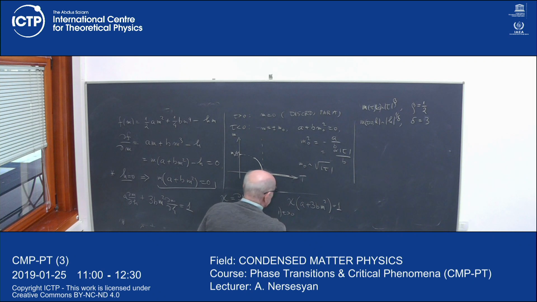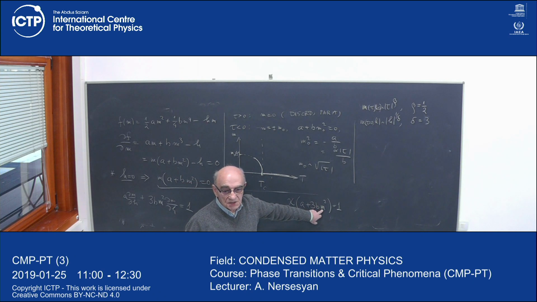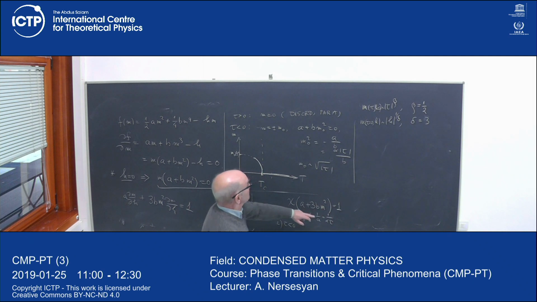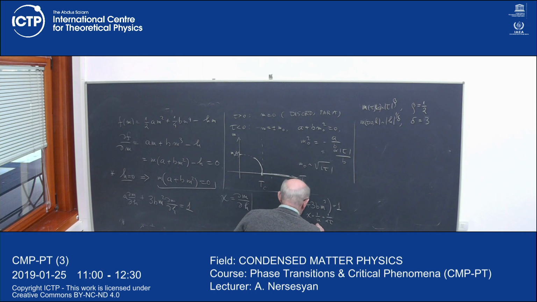Above TC, the average value of m is equal to 0. So the susceptibility is 1 over A, which is 1 over alpha times tau. Below TC, m naught squared is minus A divided by B. The result is minus 1 over 2A.